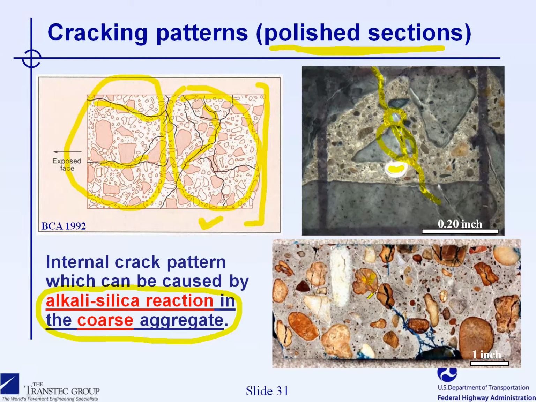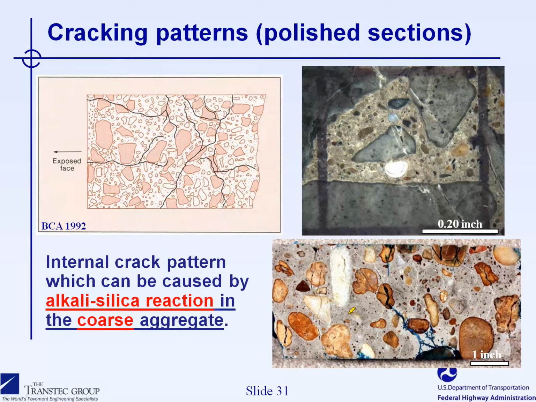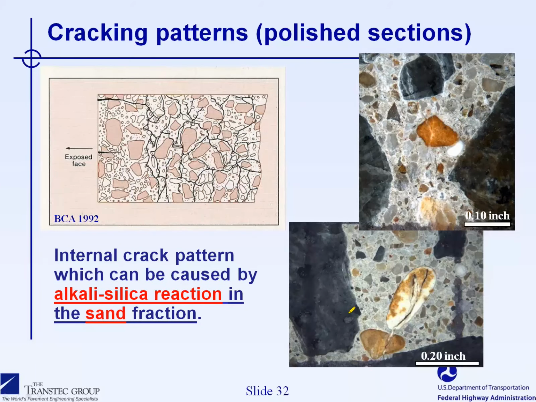Another example here involving a very highly reactive chert particle, you can see once again the cracking running through the aggregate particle as well as in the cement paste, and you can see the reaction products present in the cracks in the cement paste.